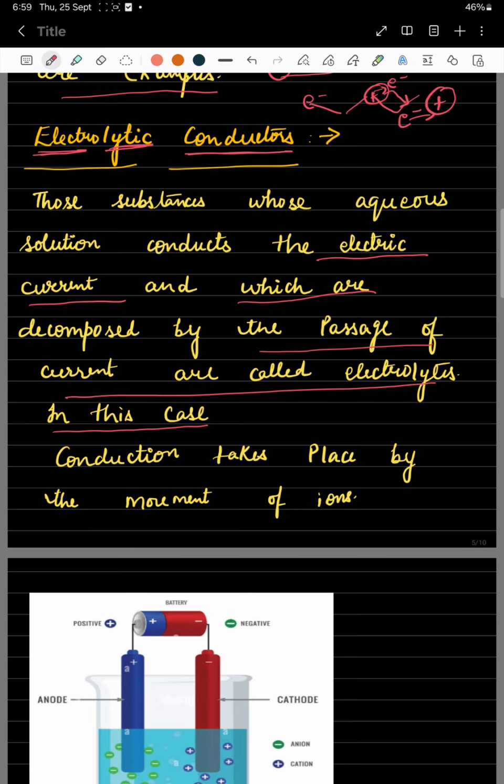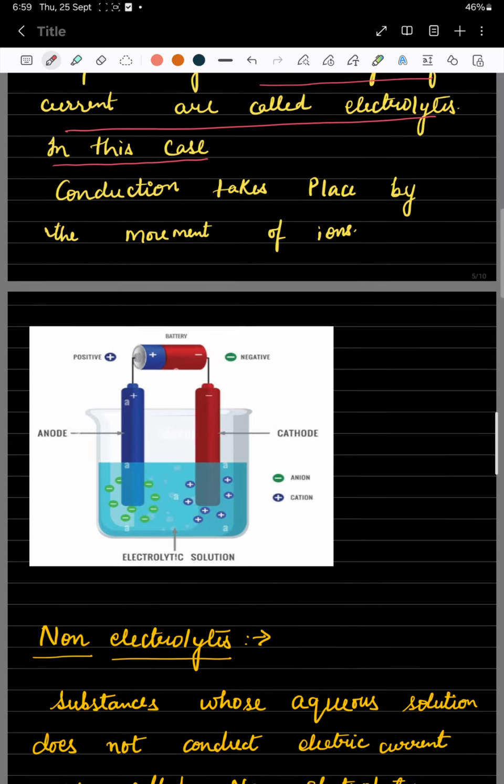Now understand with the help of this diagram. There is a beaker in which you have an electrolytic solution. Suppose you have filled it with NaCl plus water. NaCl you have taken in a fused form, plus water you have added.